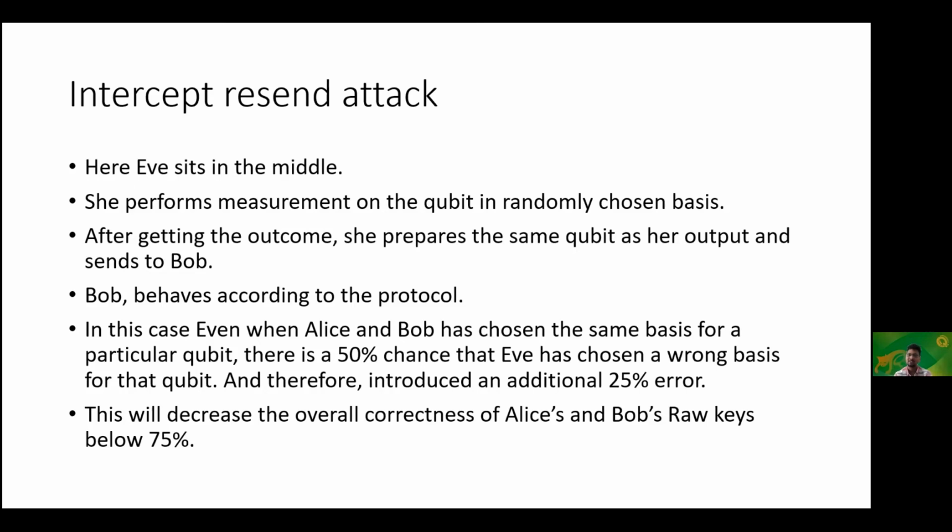Now Bob and Alice are measuring in the same basis, so Bob measures this A in the HV basis, and again with 50% chance he will get a wrong outcome. So if you count all these numbers, you will see that Eve will introduce an additional 25% error in the protocol in this particular case.